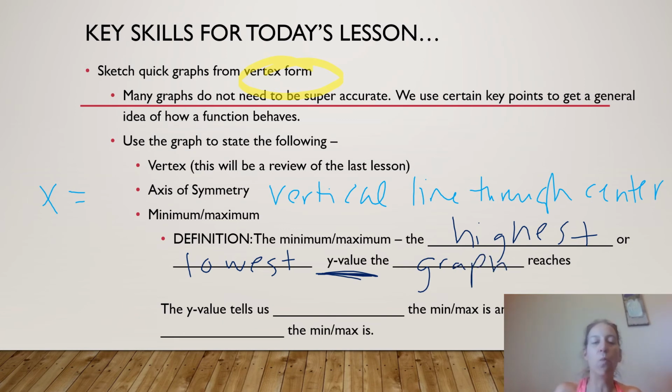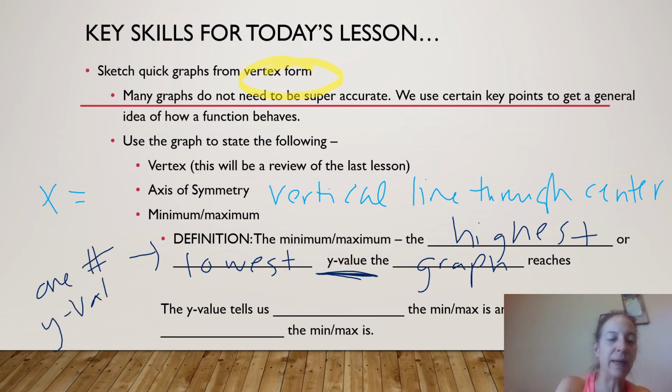Okay, so it's one number. It is one number, and the number that you want is the Y value. When you are asked to state the minimum or maximum, your answer is going to begin with y equals, because that's what minimum and maximum are defined as.